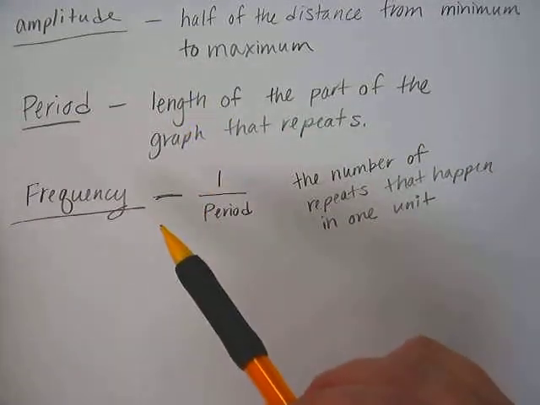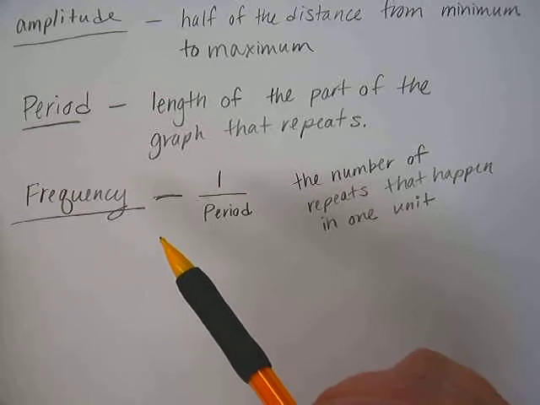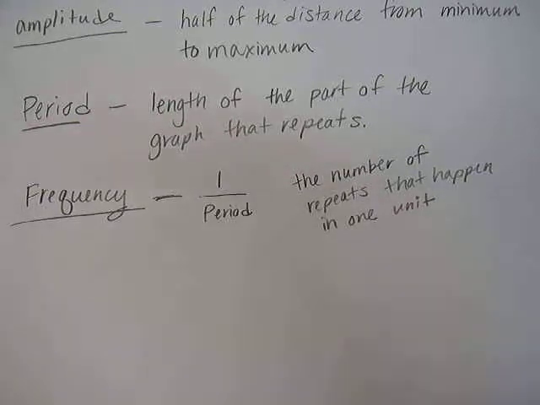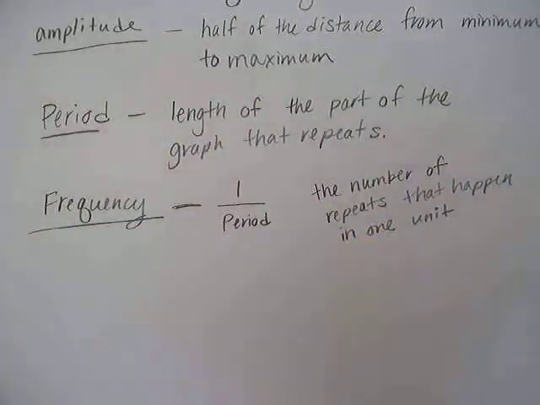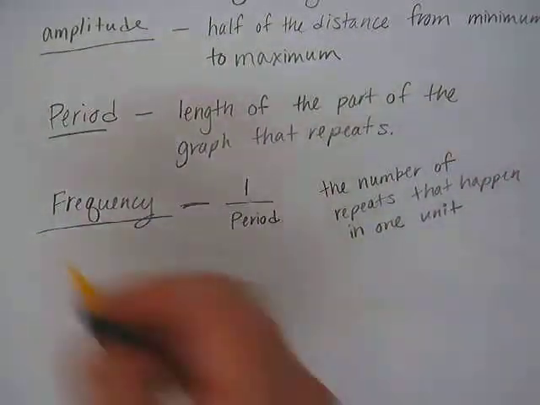It doesn't have to be, but the reciprocal of the period is the frequency, and the frequency is how many times that graph repeats in a certain length or a certain amount of time. Like frequency would be number of cycles per second or something like that. It's found by doing 1 over the period. Okay.